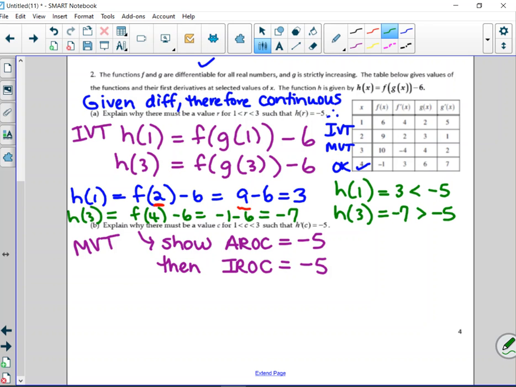My h of 3, which is -7, is less than -5. The alligator has to eat the bigger number. So I have numbers on both sides of -5, so h of r has to equal -5. And this is the important part, sometimes you don't say this: for r in the interval 1 to 3.